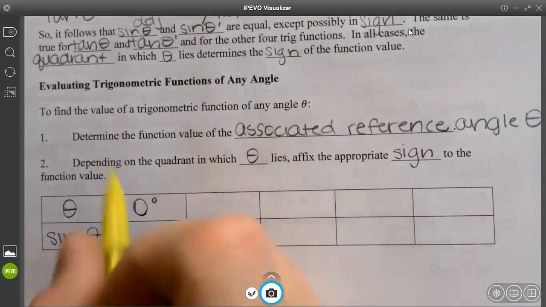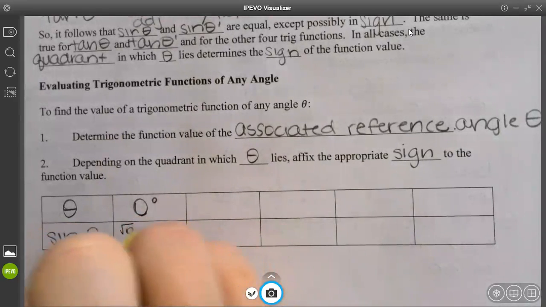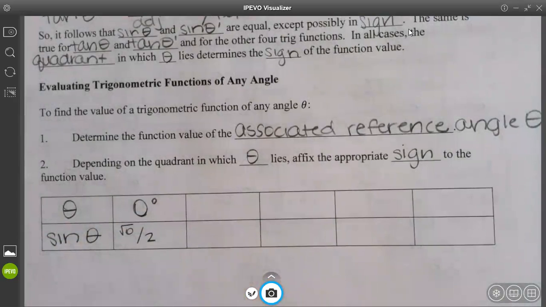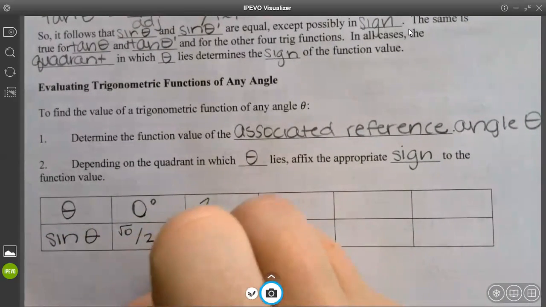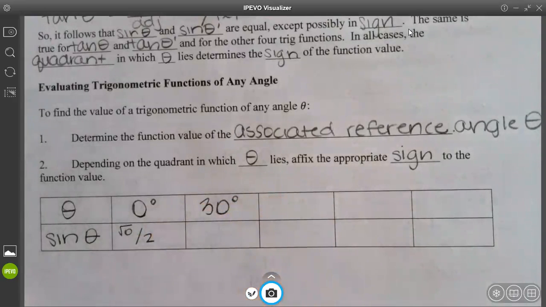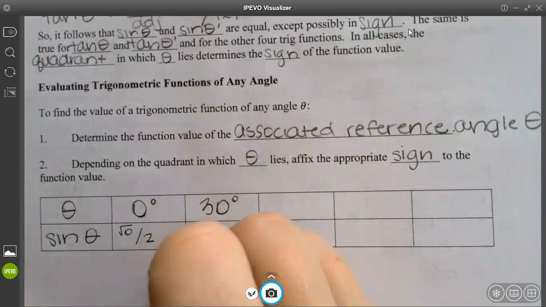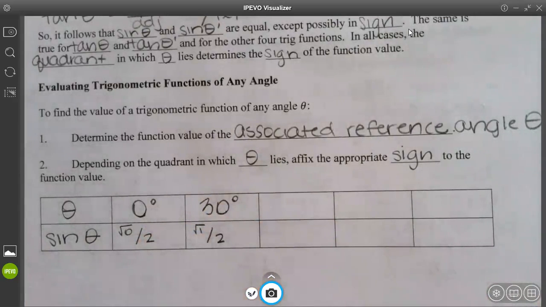Now, what they're going to show you is going to look like this. Square root of 0 over 2. And we'll talk about y in just a minute. At 30 degrees, you're going to have square root of 1 over 2.